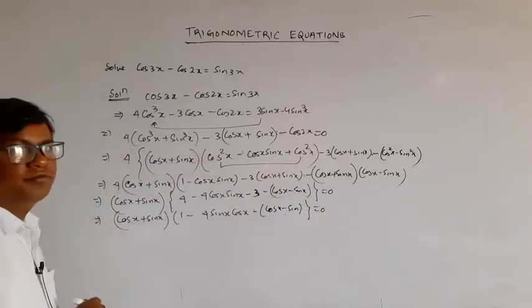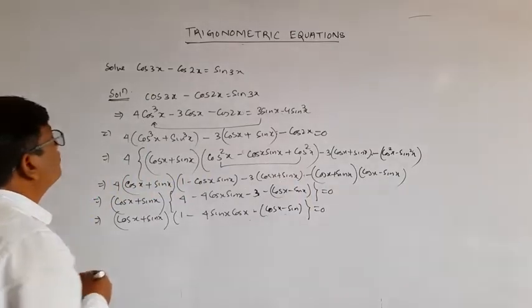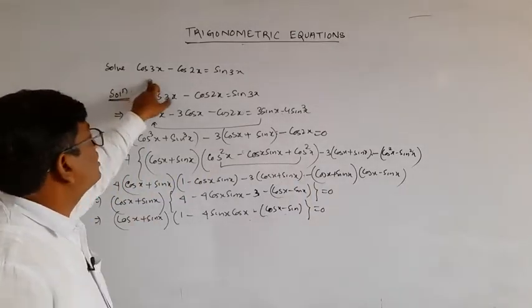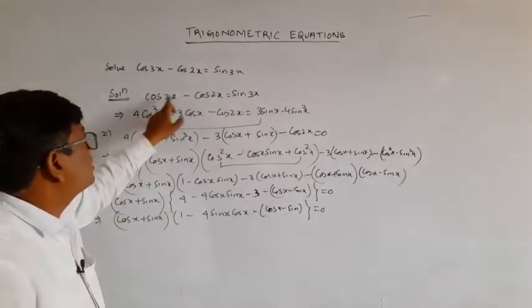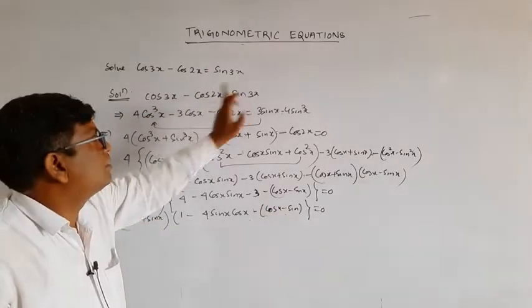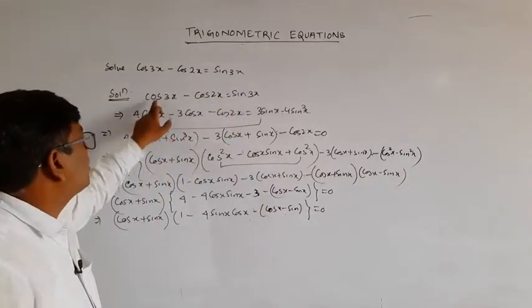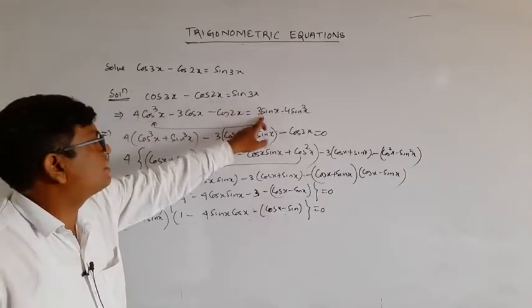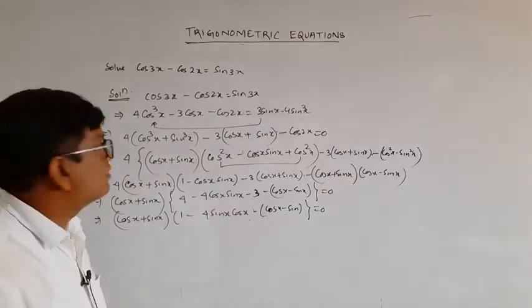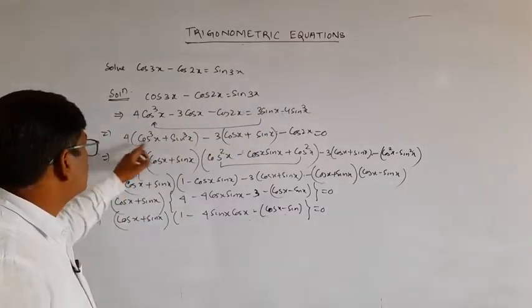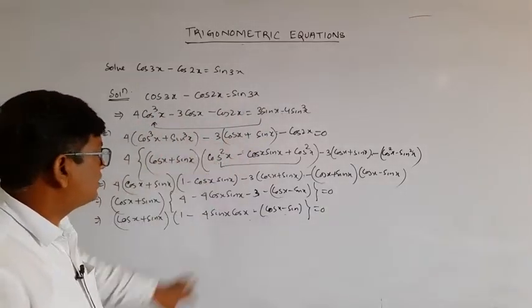Clear? Again I repeat the question: cos 3x minus cos 2x is equal to sin 3x. So apply the cos 3x formula, apply the sin 3x formula, and take this to this side. Sin cube x, cos cube x, 4 common, correct?